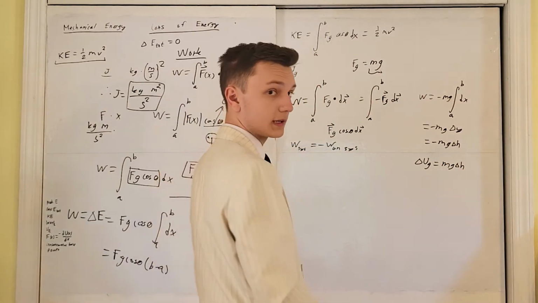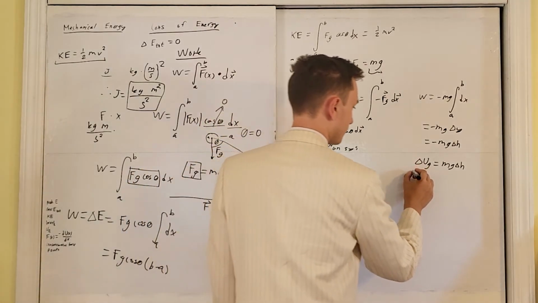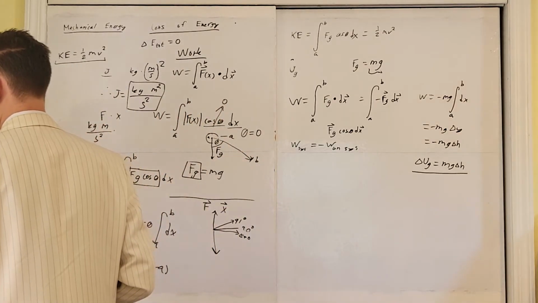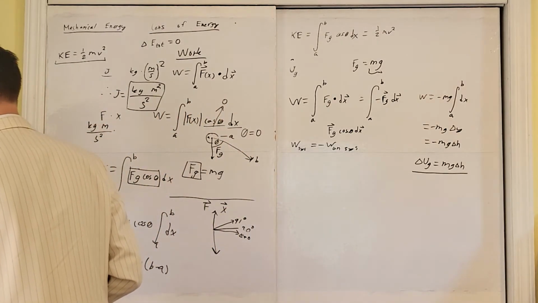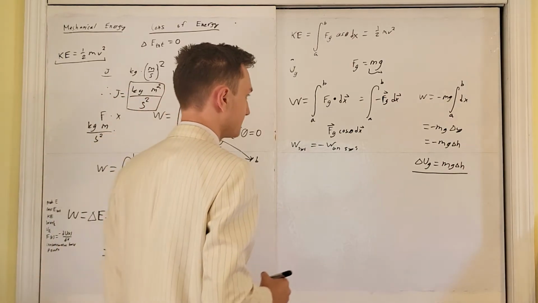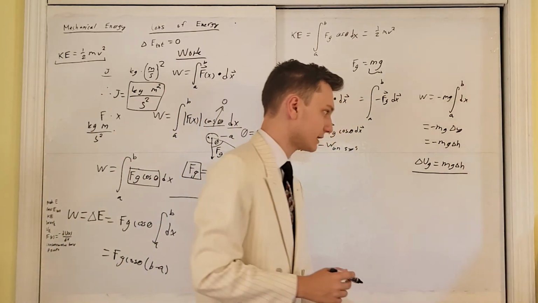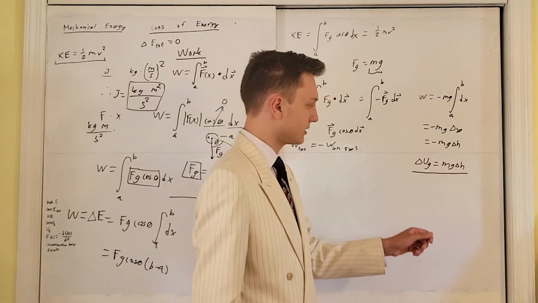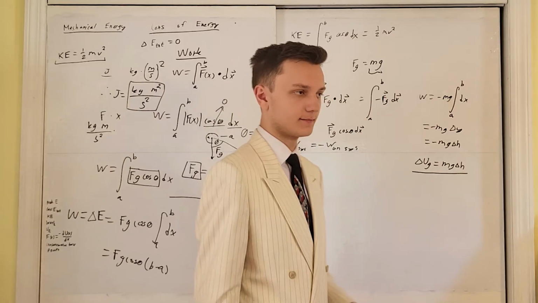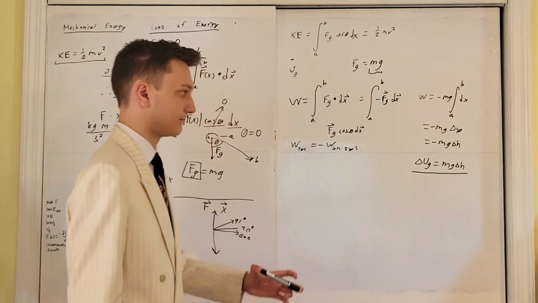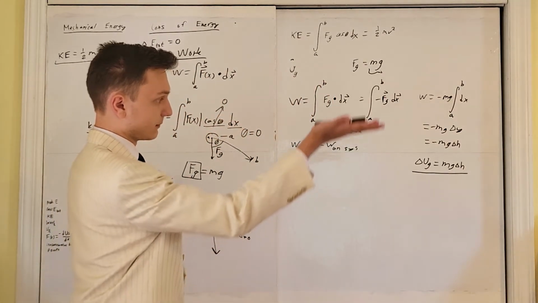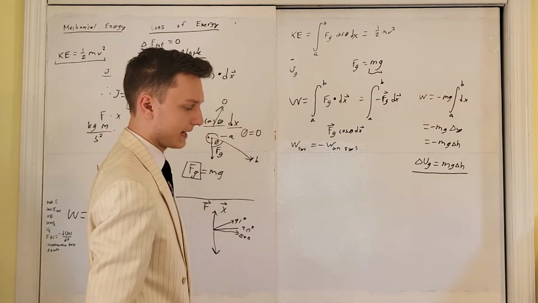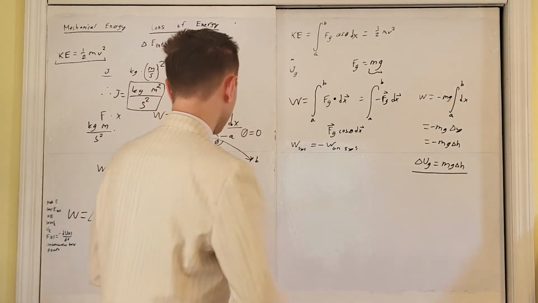Therefore, using the work integral, we have derived the equation for gravitational potential energy near Earth's surface, which is given to you on your reference table, right at the bottom left-hand corner, okay? Your change in gravitational potential energy is equal to your mass times the gravitational constant g times your change in height, okay? Which makes sense. If I raise the marker up, I gain gravitational potential energy. If I allow it to fall back down, it loses gravitational potential energy.